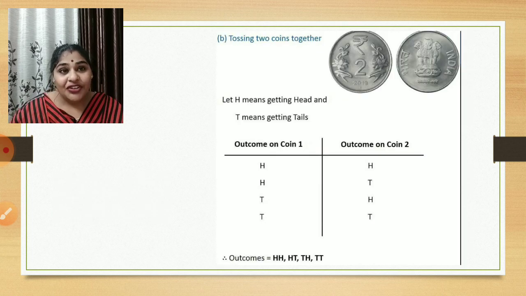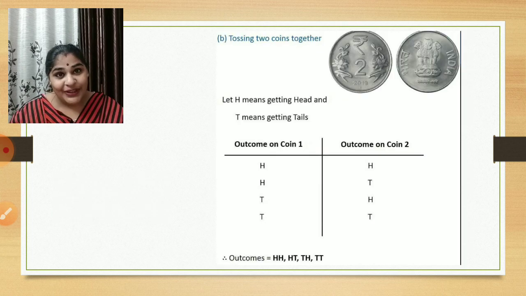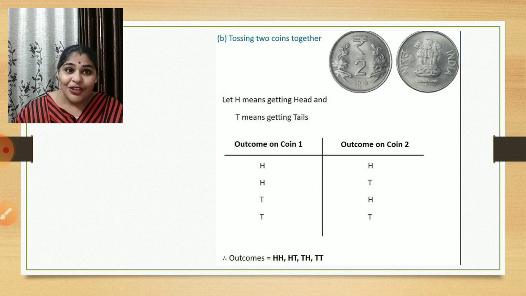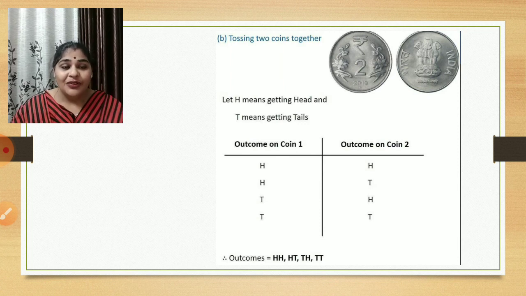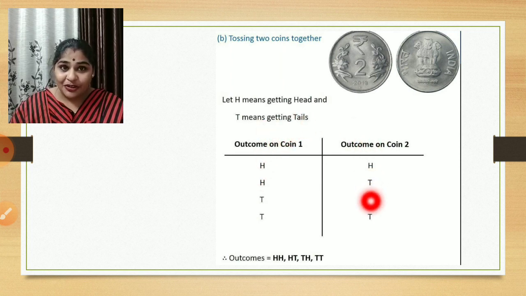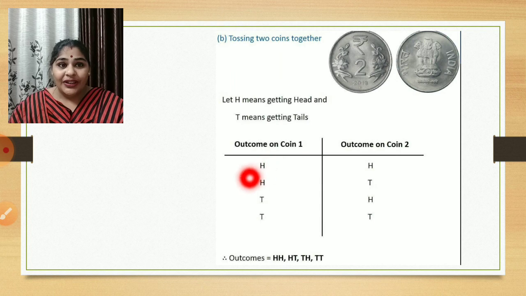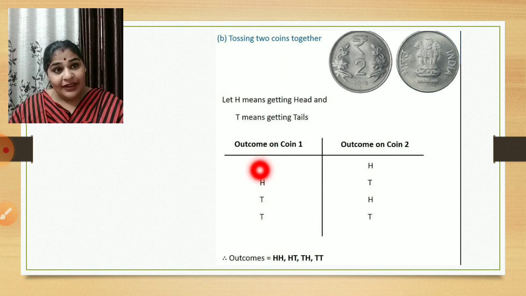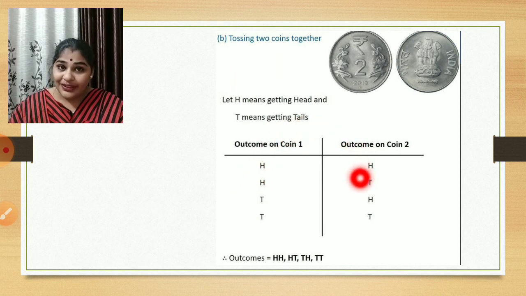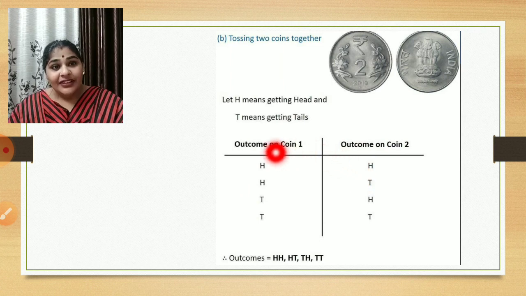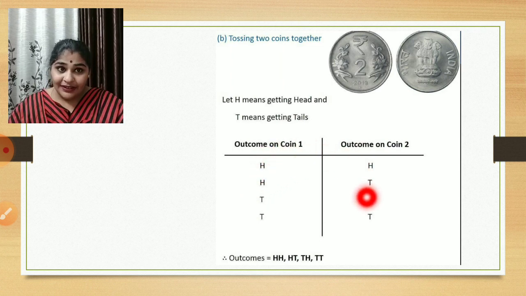Next one, tossing two coins together. I have already explained the example of a coin. Either you will get head or you will get tail. So now there are two coins. Okay, so we will make a column for the outcome on the first coin and a column for the outcome of the second coin. Right. So on the first coin there may be head, and on the second coin also there may be a possibility of head. Here again head, tail, or tail, head, or tail, tail.